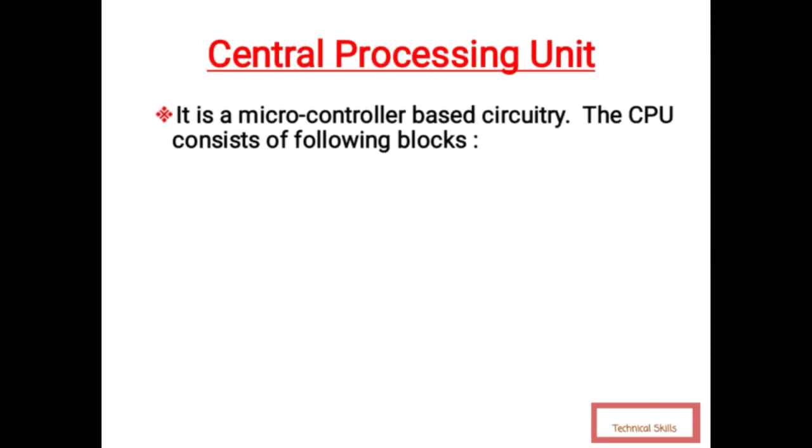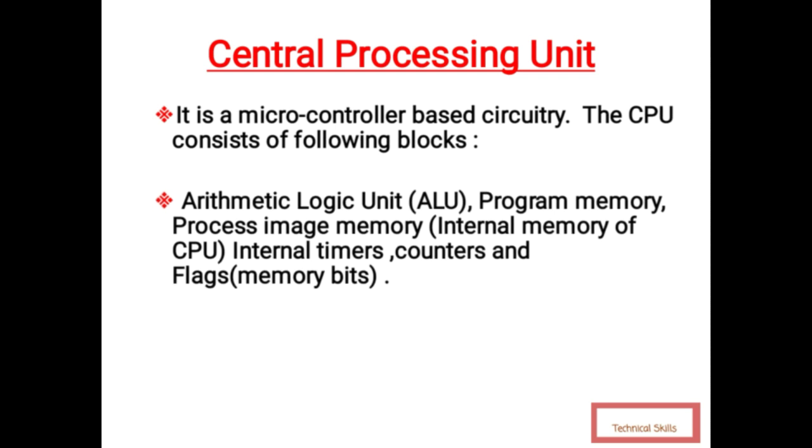So first is the central processing unit, CPU. It is a microcontroller based circuitry. The CPU consists of the following blocks: arithmetic logic unit ALU, program memory, and process image memory. It is also known as the internal memory of the CPU. Internal timers, counters, and flags like memory bits are stored in process image memory.